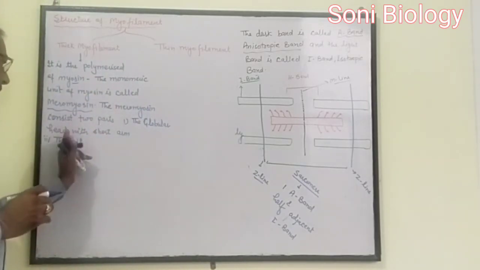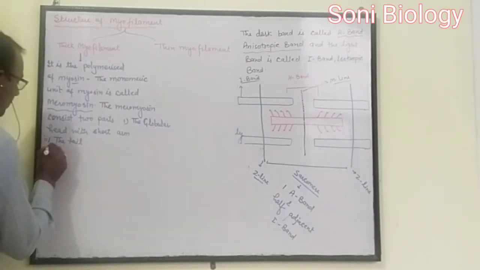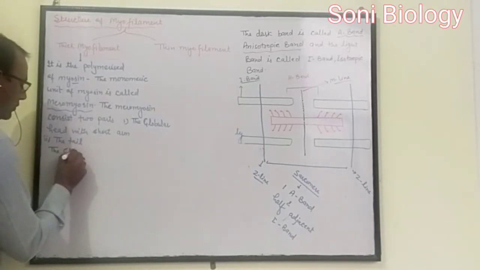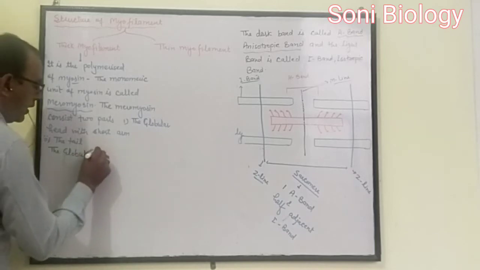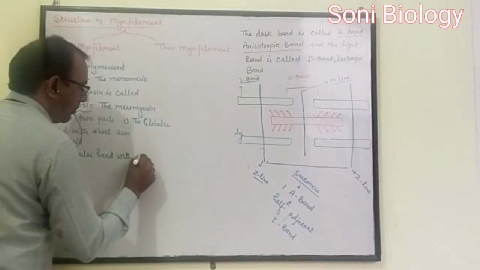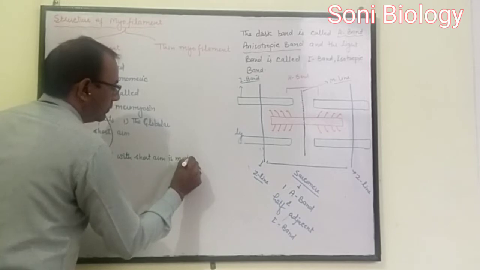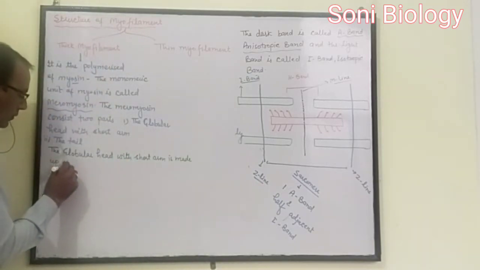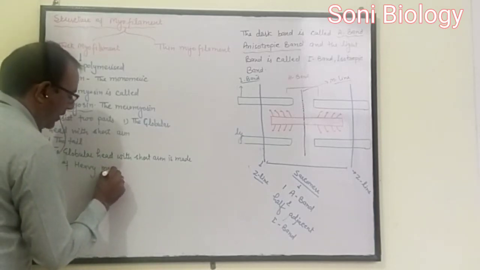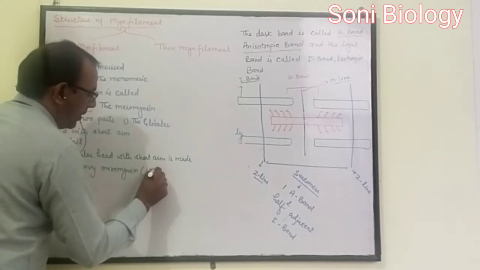The globular head with short arm is made up of heavy meromyosin, or we can say HMM.